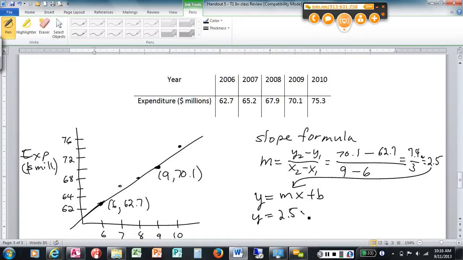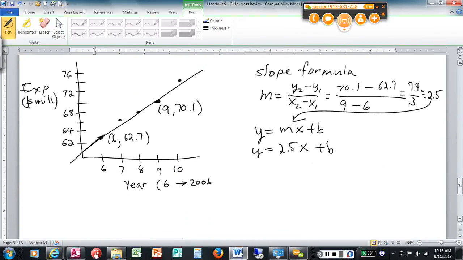So this one's just like we did previously. Now I need to find out what b is. Well, I can use my 6 and 62.7 for x and y there. Is that okay? So it would be 2.5 times 6, which is 15.